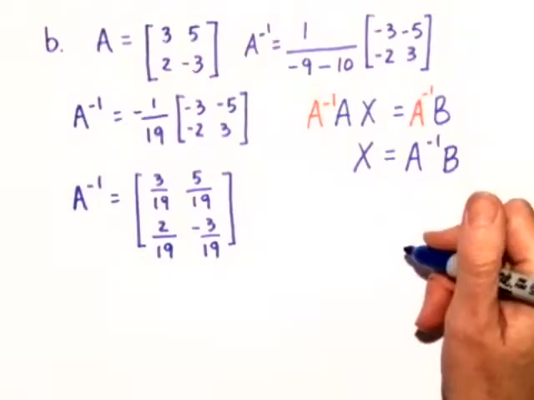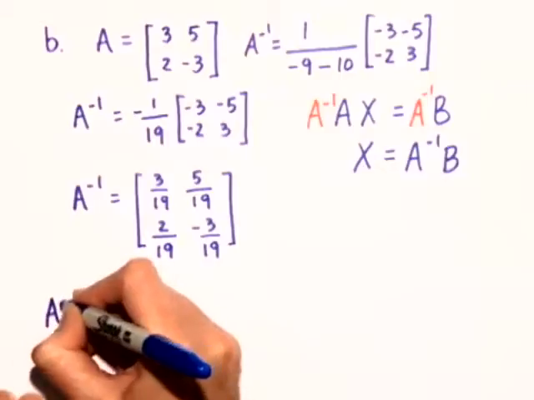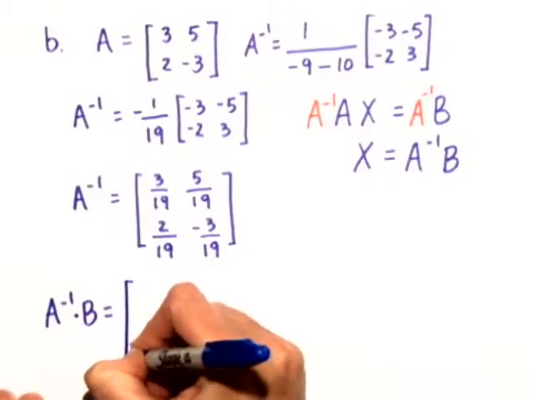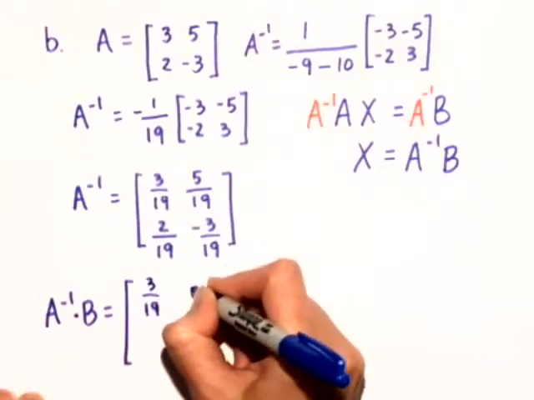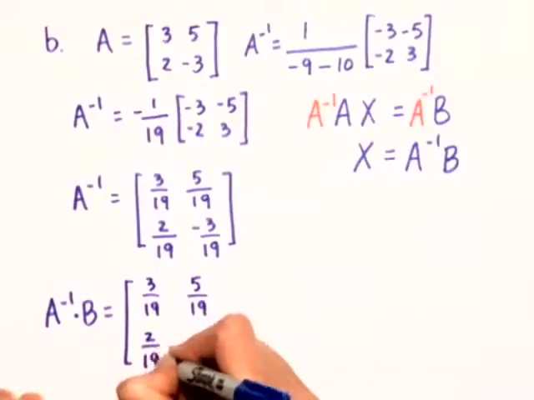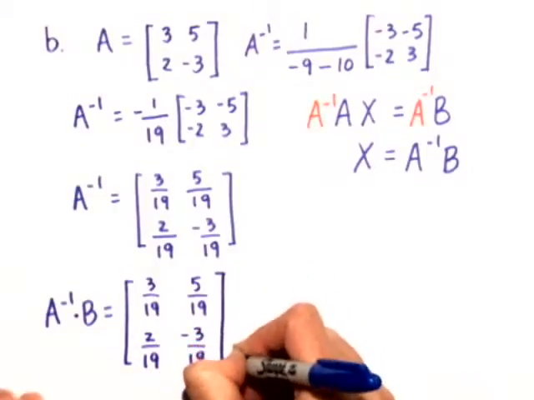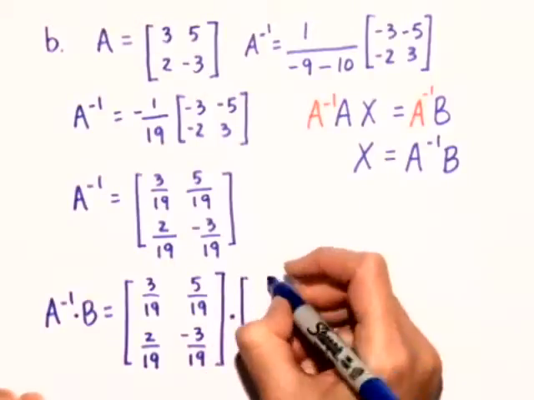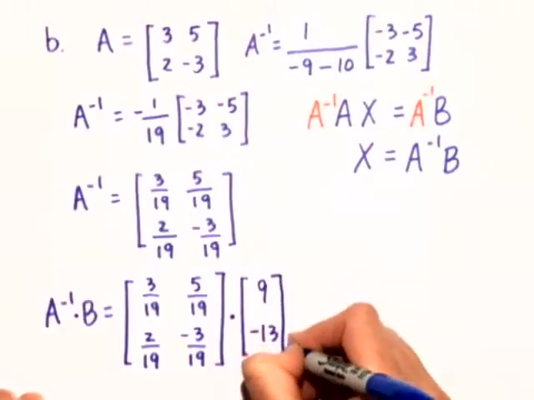So let's do that. Here we have our A inverse matrix, so we can say that A inverse times B is just equal to, let's rewrite A inverse, 3 over 19, 5 over 19, 2 over 19, and negative 3 over 19, times, remember, those right-hand constants that we started with in part A were just 9 and negative 13.